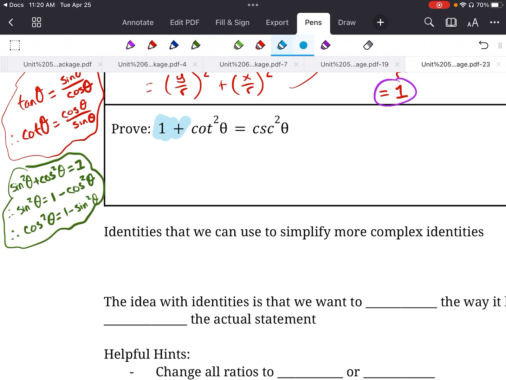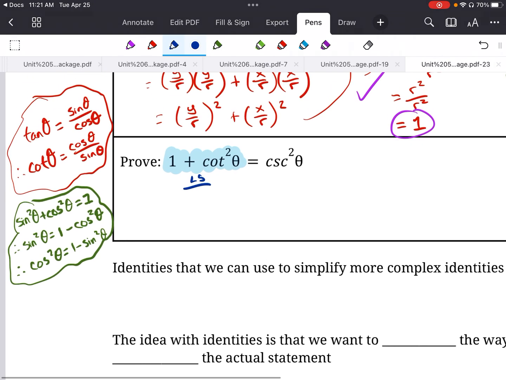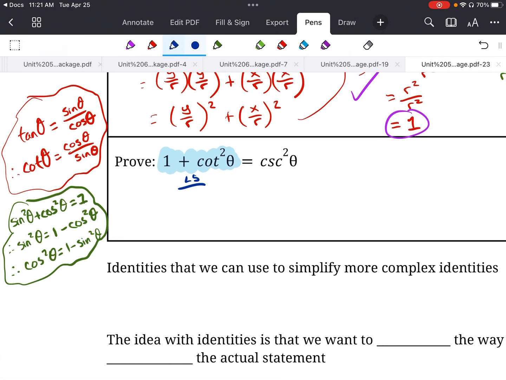Okay, knowing that, let's work left side here. So we have 1 plus cot squared. Okay, so we just wrote on the side that cotan is cos over sine.